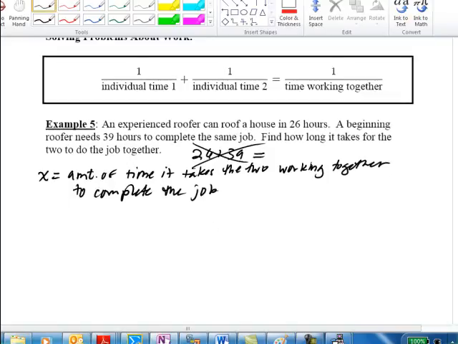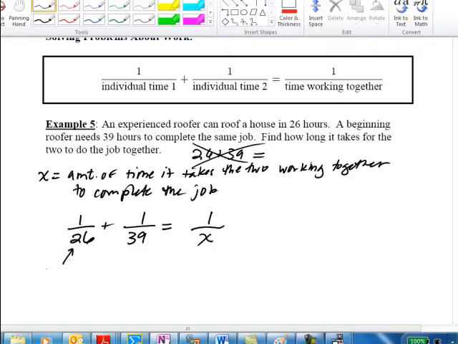And what we think about is that the first person, the experienced worker, in 1 hour can complete 1/26th of the project. And the other one, the slower worker, can complete only 1/39th of the project in an hour. And that should represent the total fraction of the job they can complete together in an hour. And the symbol for that would be 1 over x.